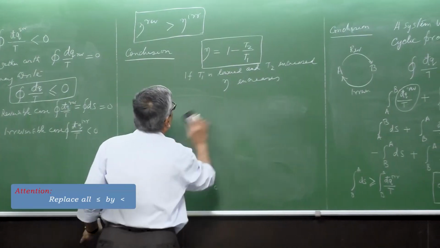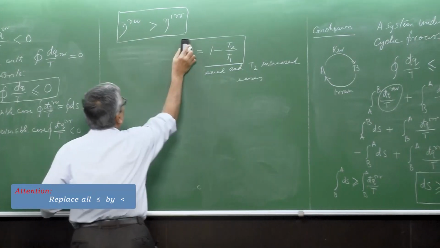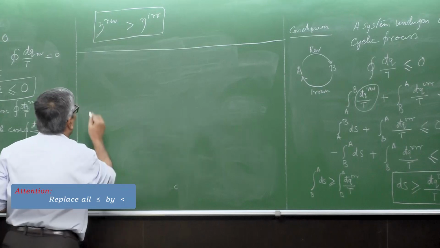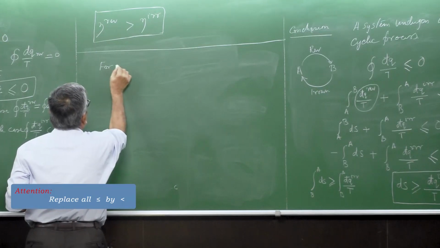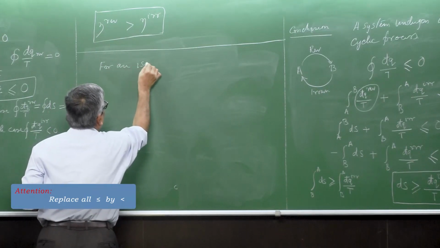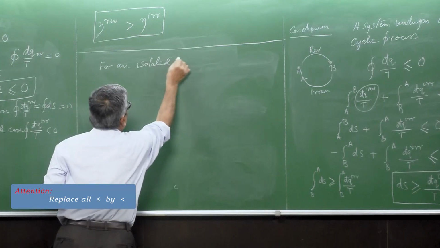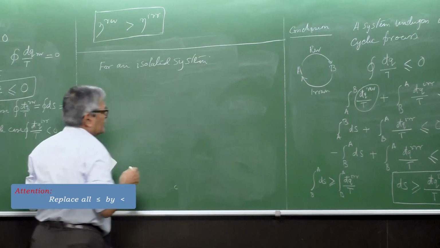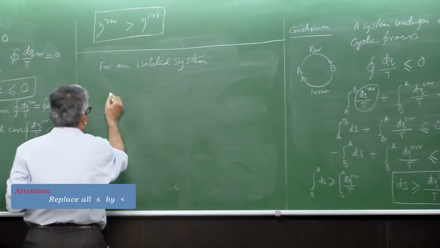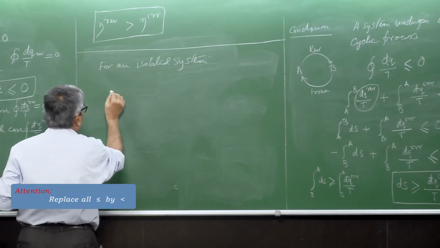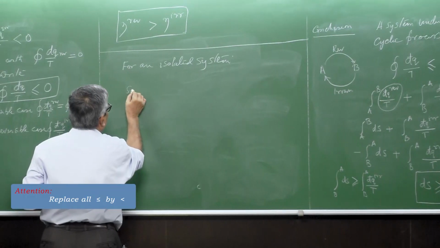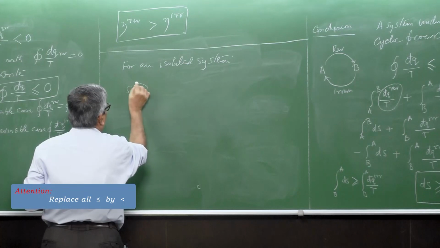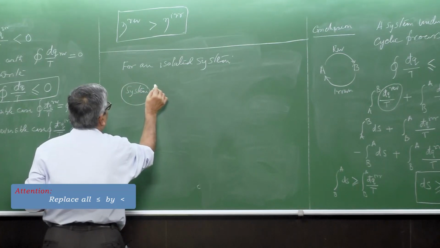Now a special case of this is the following. Suppose I take an isolated system, where nothing is allowed to enter. Isolated system means you have a system and a boundary, and there is a surrounding.